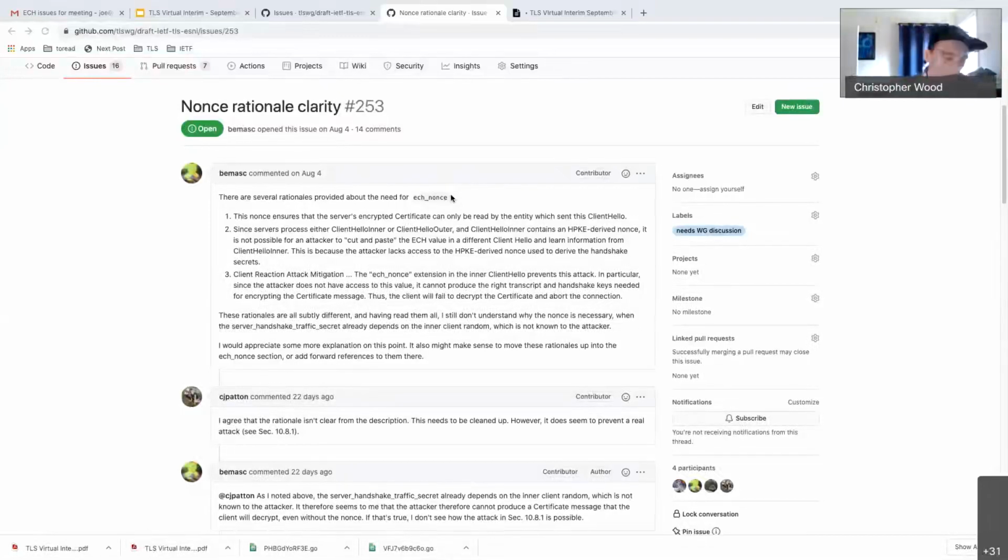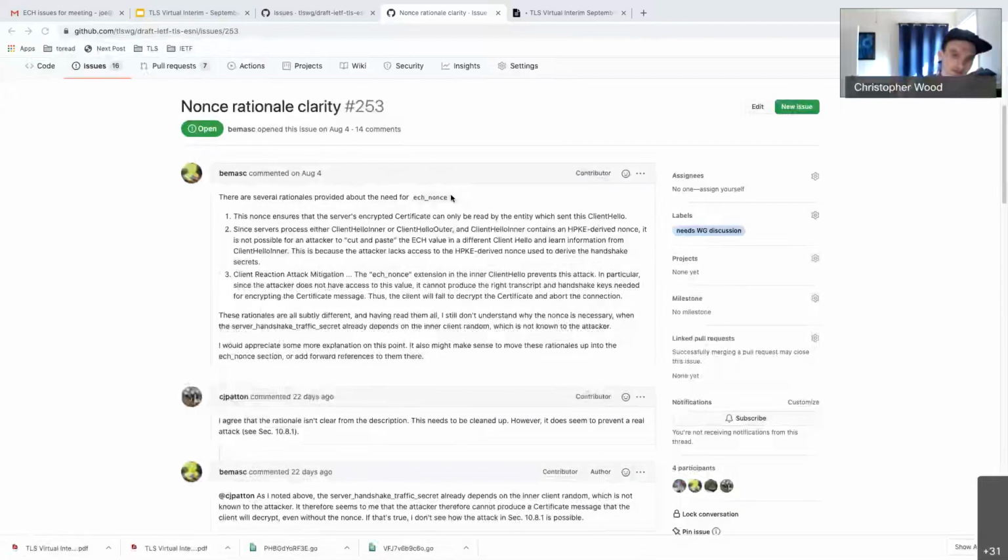There are a couple caveats here. In particular, it does need to remain secret in order for this to be effective. That's a key property of the ECH nonce right now. If it's revealed, then this reaction attack is potentially possible. And there may be servers that somehow leak bits of the client hello, the client hello random, or maybe even other extension values like the ECH nonce.